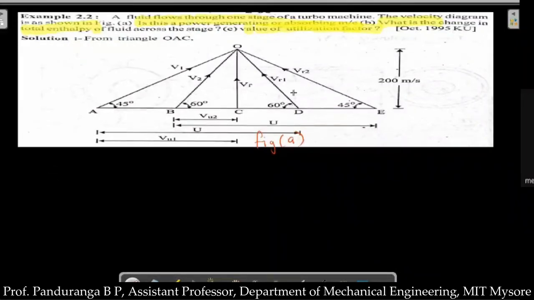Vf value is given as 200 meter per second, and all the angles are given. First, let me label all the angles. So this is the direction of u. So u is towards right. The angle made by u and v1, we call alpha 1. I'll highlight the inlet velocity triangle here.